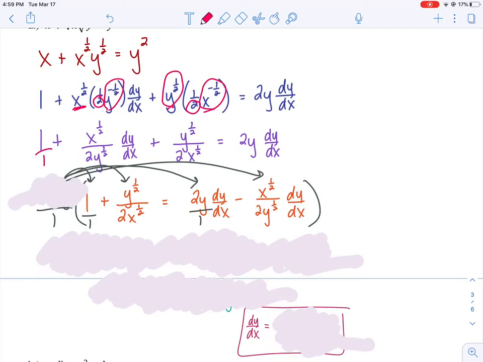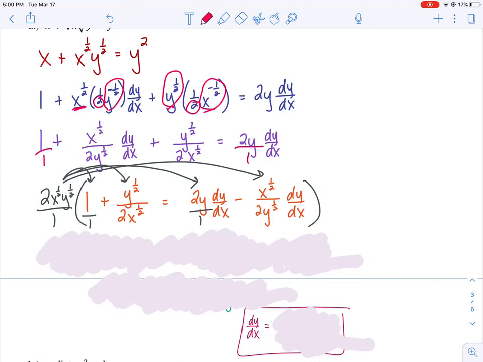This one has a denominator of 1, I have a 2y to the 1/2, I have a 2x to the 1/2, and this last term also has a 1 as its denominator. So what would be my common denominator? It looks like it's a 2, an x to the 1/2, and a y to the 1/2. So I'm going to multiply every single term by a 2, by an x to the 1/2, and by a y to the 1/2.